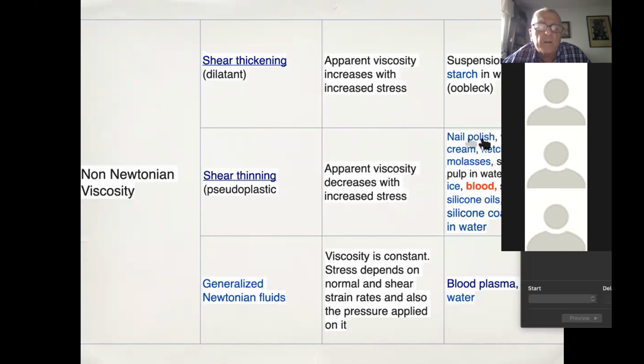There is a whole list of them: nail polish, whipped cream, ketchup, molasses, syrups, paper pulp in water, latex paint, ice, blood, some silicone oils, some silicone coatings, and sand in water. And there are generalized Newtonian fluids, where the viscosity is constant, examples being plasma and custard in water. We are mostly interested in the shear thinning pseudoplastic non-Newtonian liquids because blood is one of them.